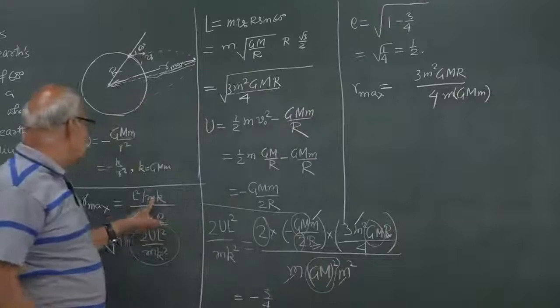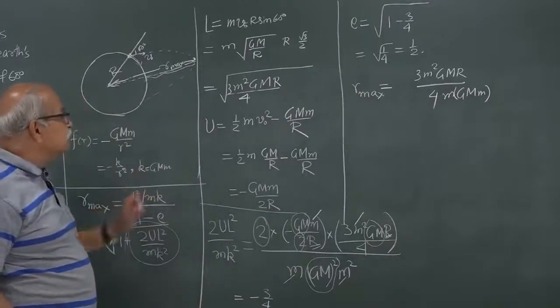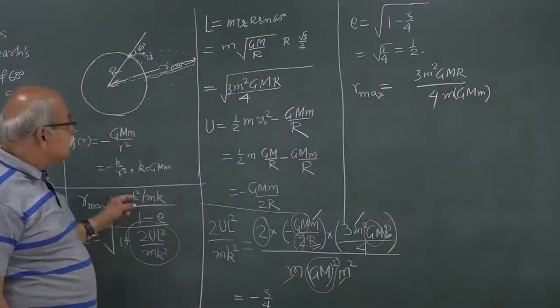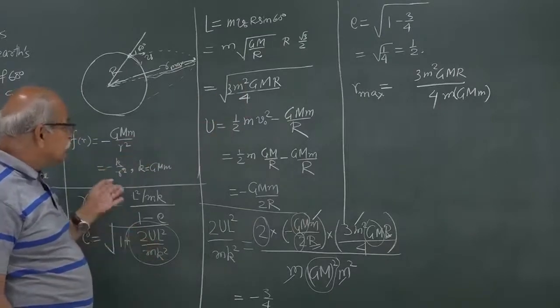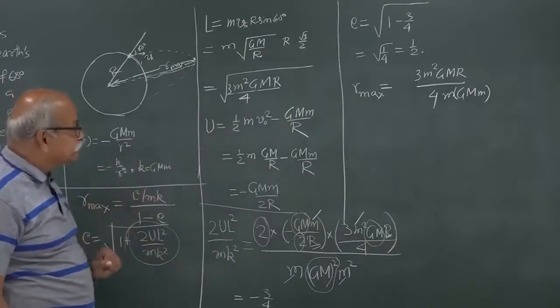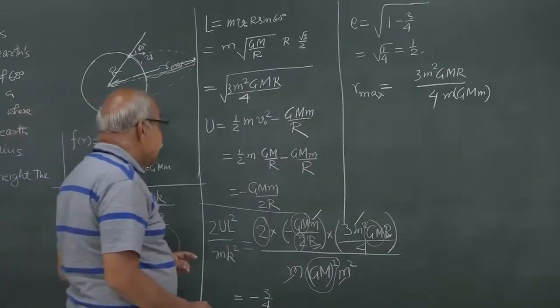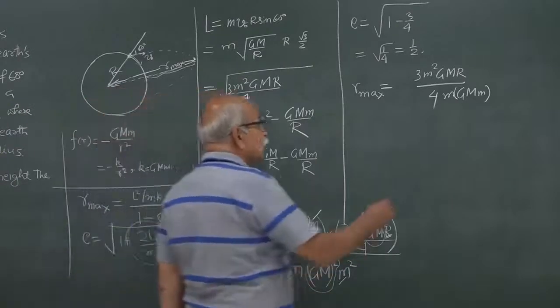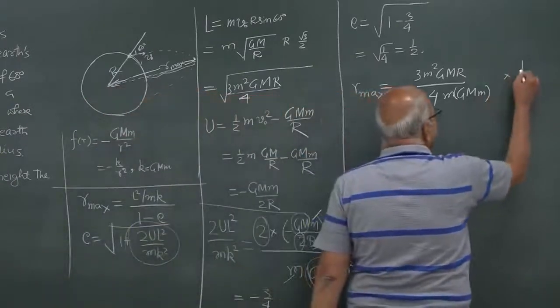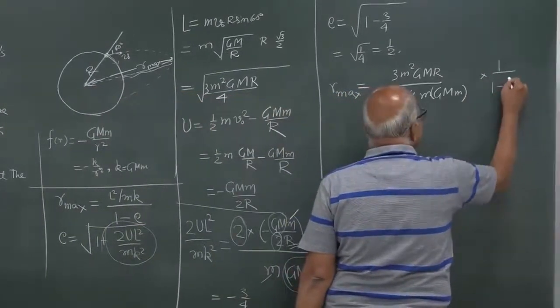So, this is L square by m k, the whole thing divided by 1 minus eccentricity, that means 1 minus half.